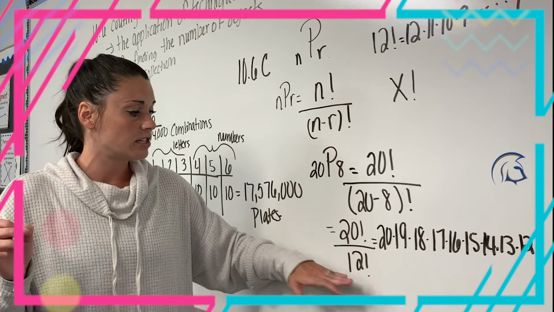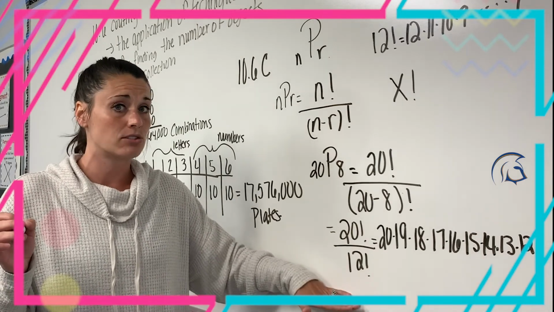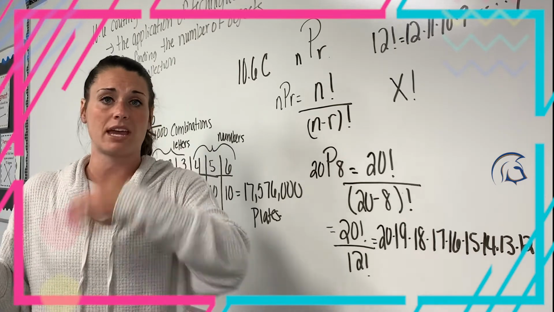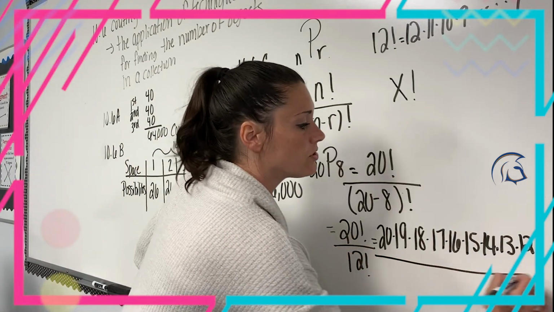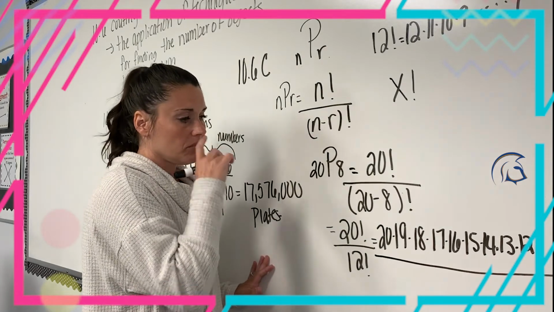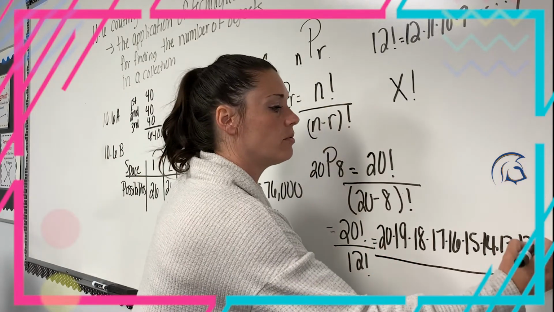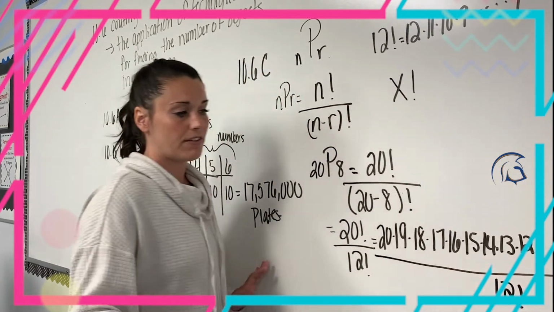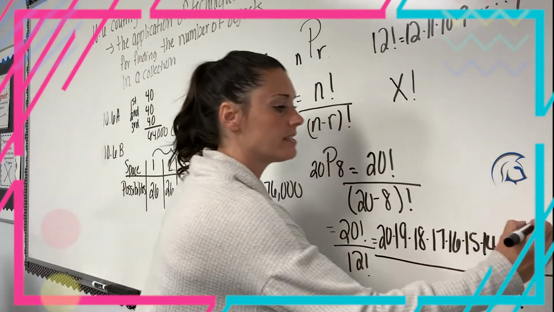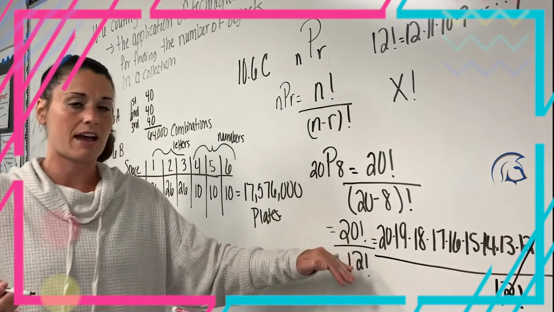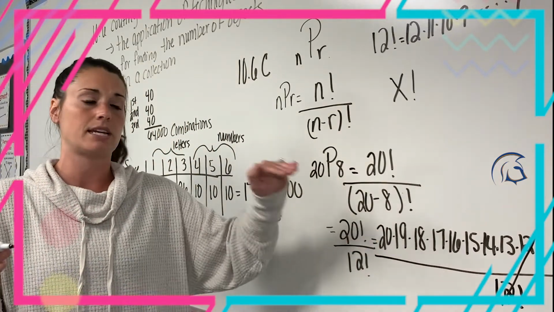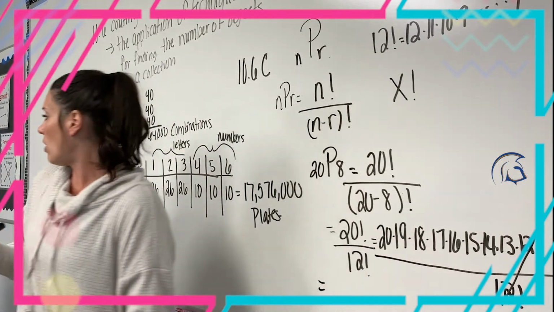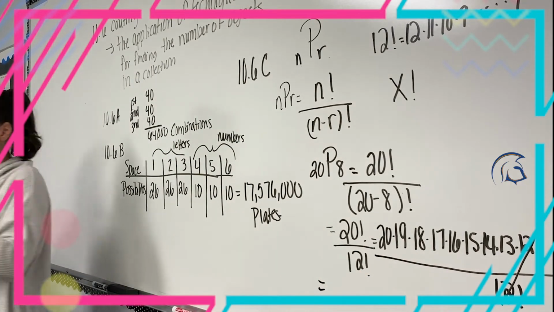But because this is 12 factorial, I can stop at 12 because everything after 12 is going to cancel out. So really, you can leave it like 12 factorial and put it over top of 12 factorial, because that's what this is. This cancels out and you would just have to multiply 20 times 19 times 18 times 17 times 16 times 15.